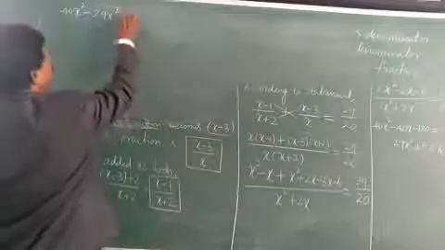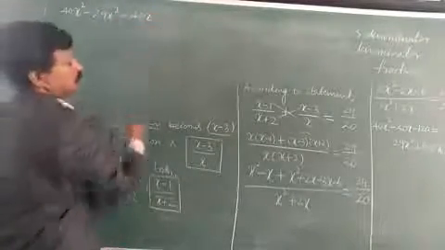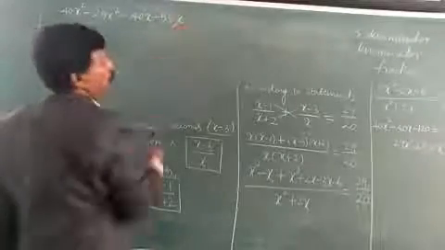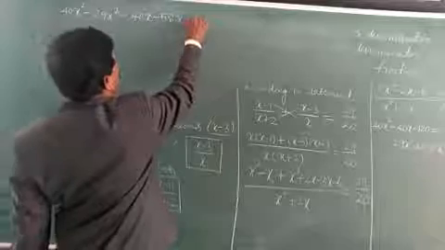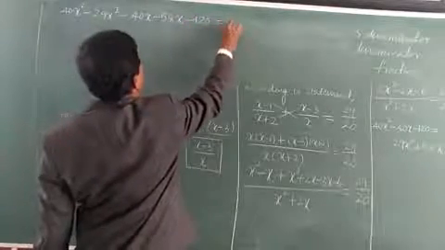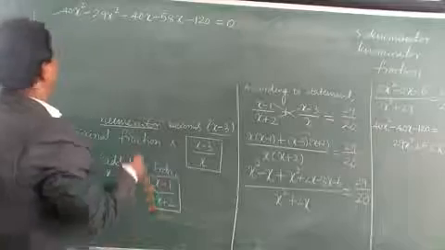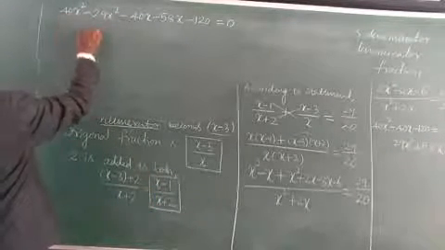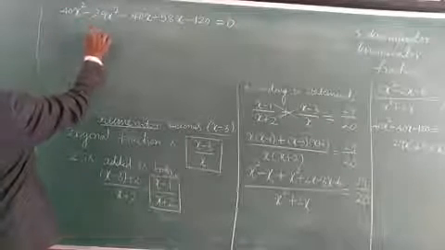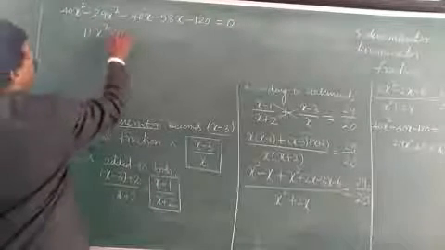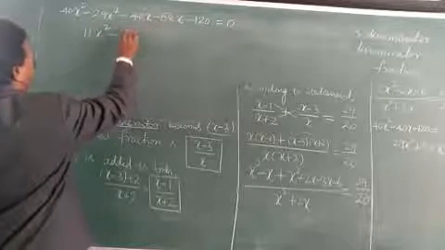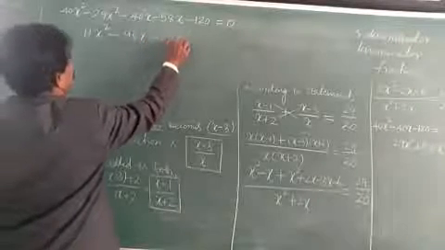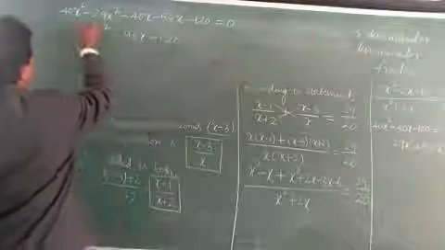Minus 40x and minus 58x and minus 120 equals 0. Now plus and minus, so subtract. 40 minus 29 is 11, 11x square. And here is minus 98x. Here is minus 120 equals 0.